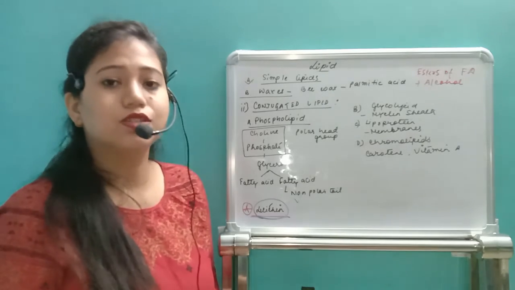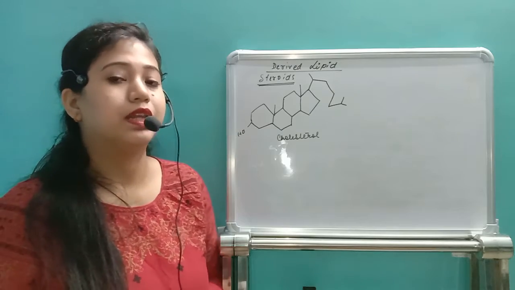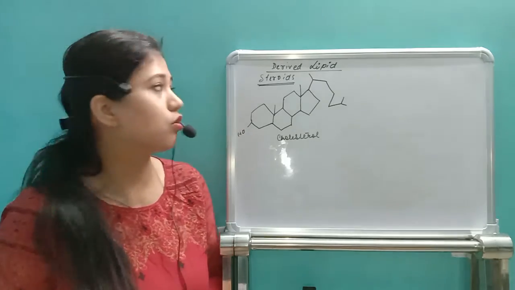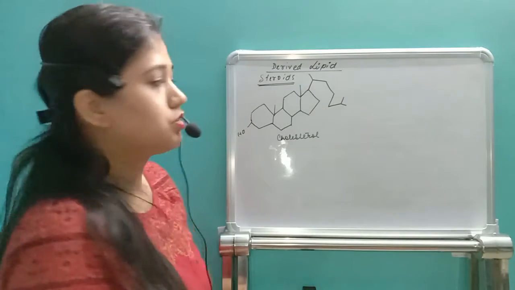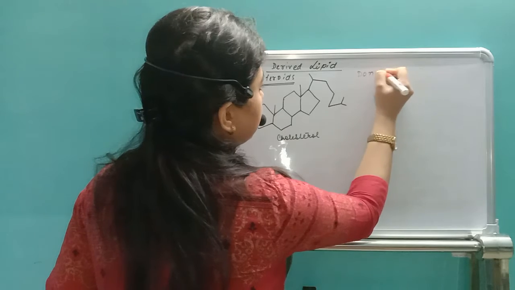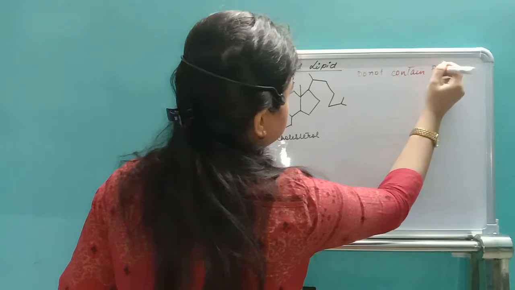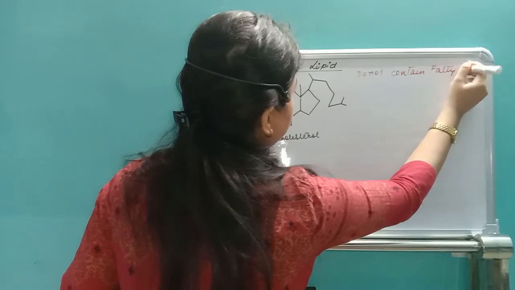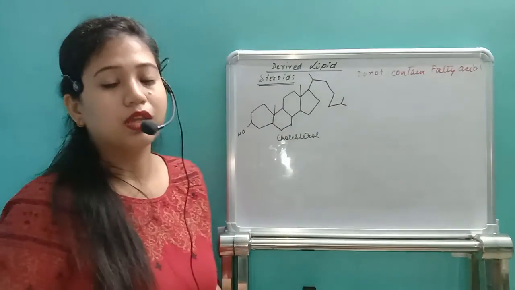After that, let's move to the derived lipids. The third and last type of lipid is called the derived lipids. Just remember, they do not contain fatty acids. So if it does not have fatty acid in it, then it should not be a lipid.